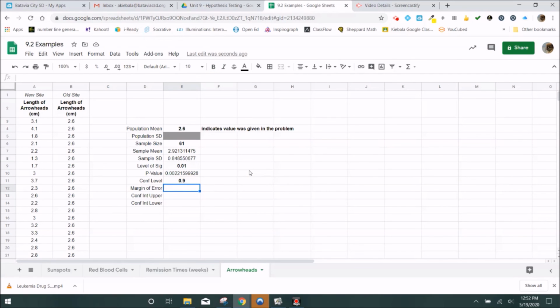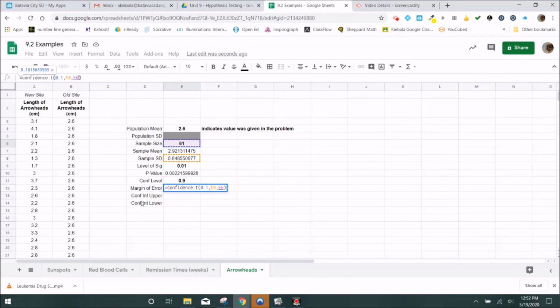It does ask us eventually to construct a 90% confidence interval. So margin of error, confidence, and again, because we don't know the population standard deviation, we're going to do .T for student's t-interval. This one we're going to do a 0.1 because it asks us for a 90% confidence level. The standard deviation will be the sample standard deviation, and then the sample size was 61.